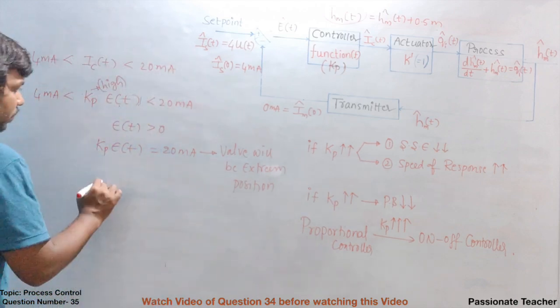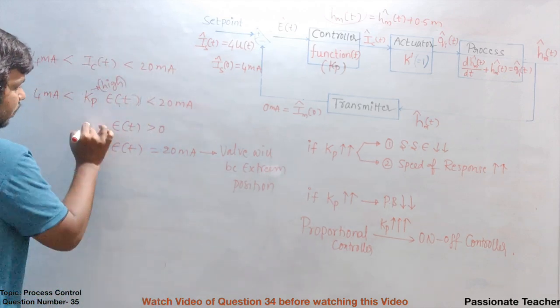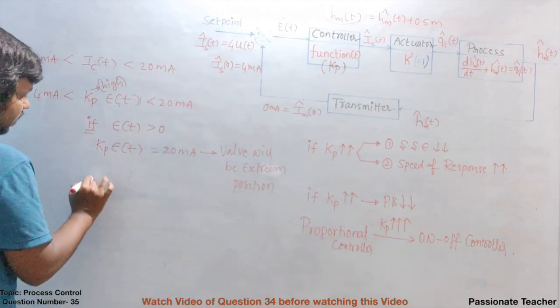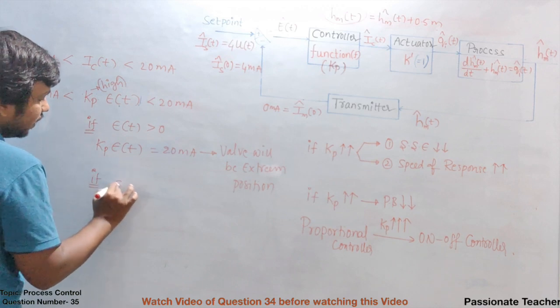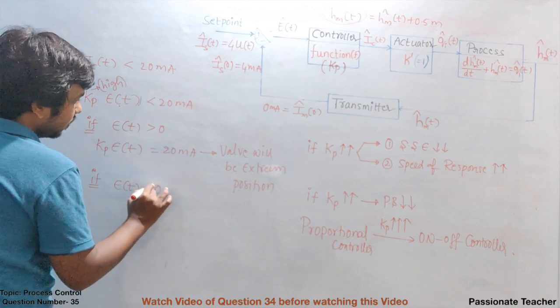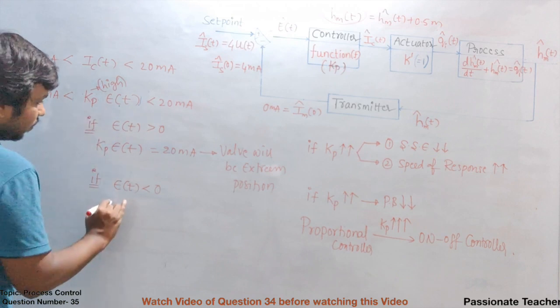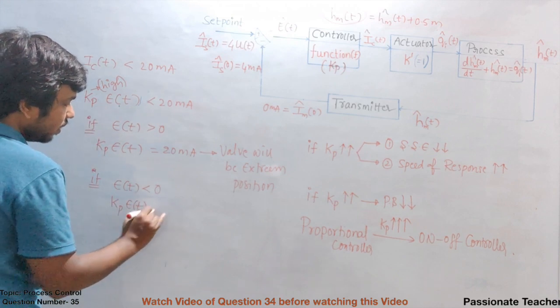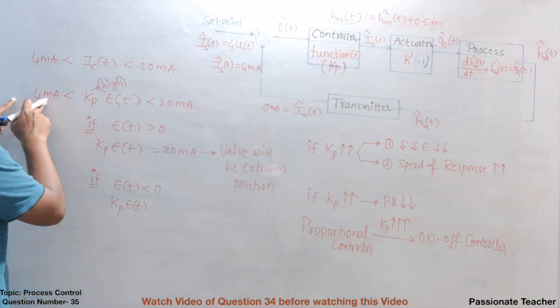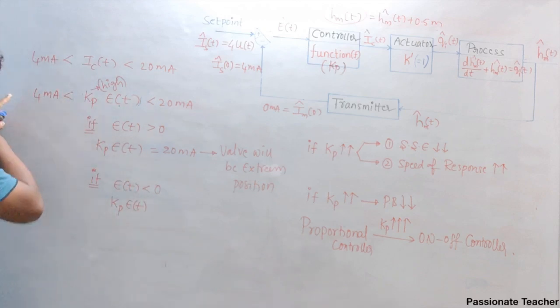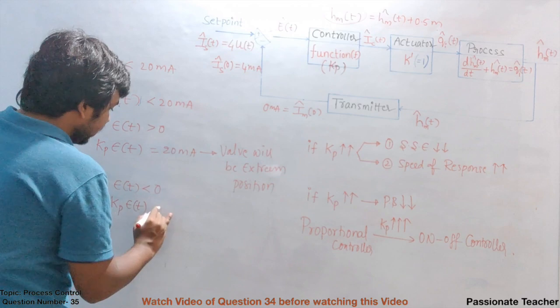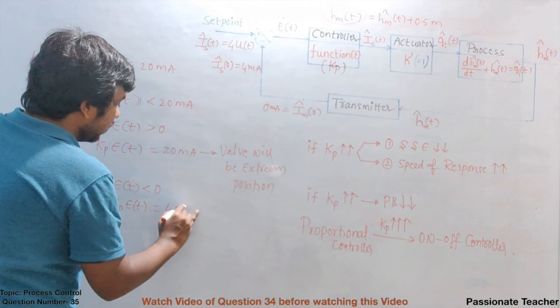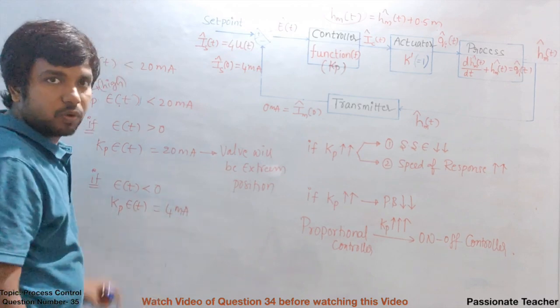Suppose E of t is less than 0, if the error is slightly less than 0. Then Kp into E of t, a high value into a negative error, will go below 4 milliampere, but that is not possible, so it will saturate at the lowest limit, that is 4 milliampere.